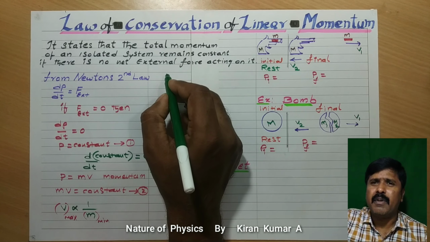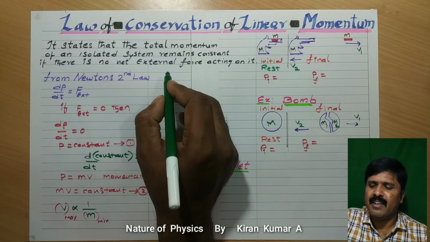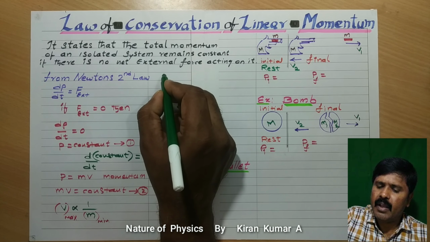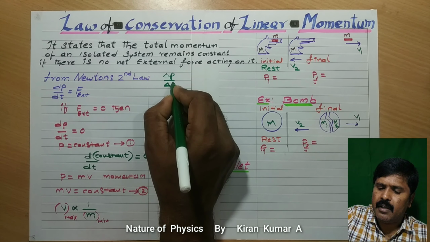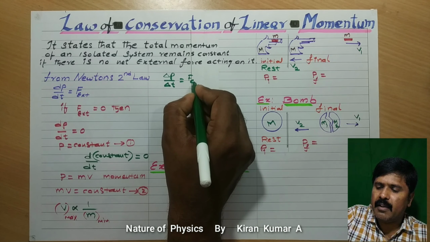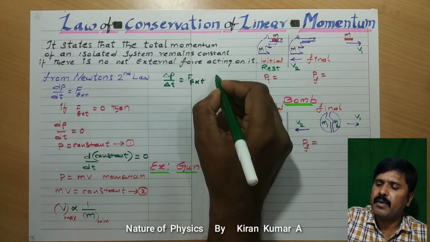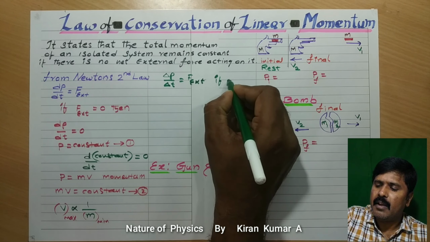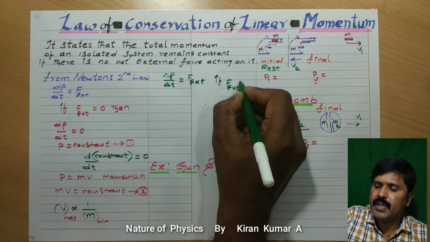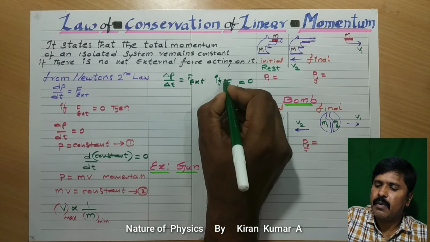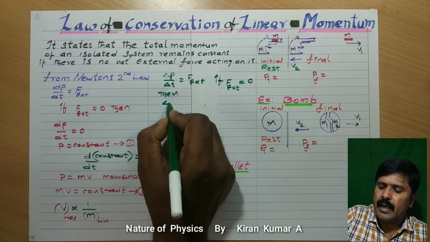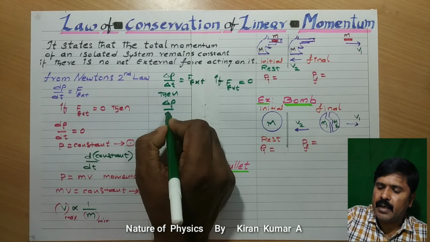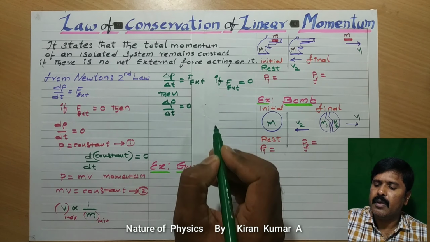Here the average momentum is considered, that is delta p divided by delta t is equal to F external force, students. If F external force is equal to 0, then tell me, students, delta p divided by delta t is equal to 0.